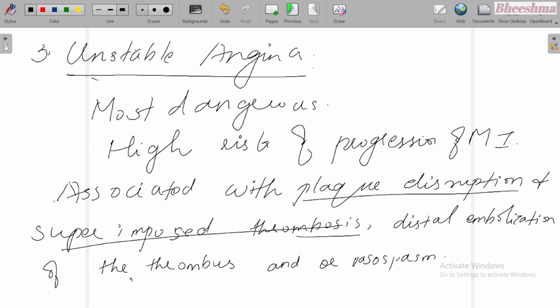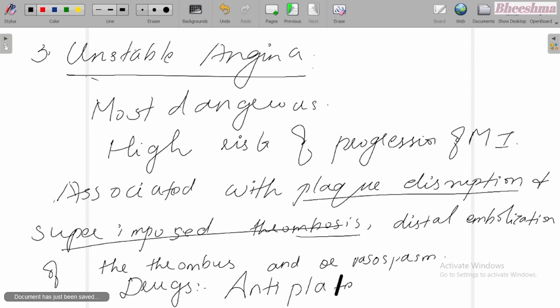The main drugs used for unstable angina are antiplatelet drugs.